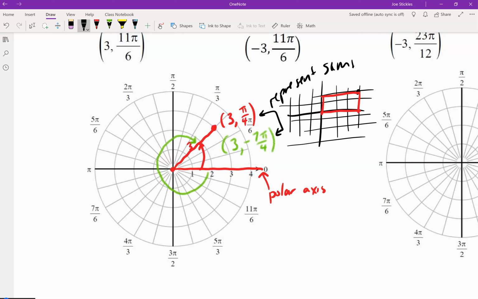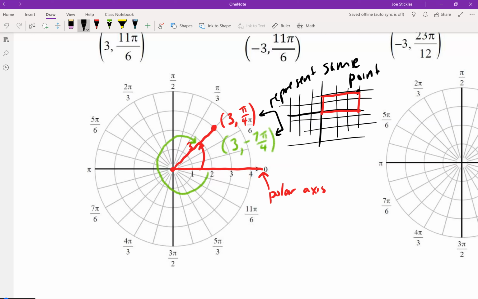So notice that polar coordinates are not unique for a given point. In fact, if I do any 2 pi rotation, either in a positive way or a negative way, I end up with the same point. We've already seen things like that when we solved equations and got all the solutions to an equation. We use the 2 pi n at the end.